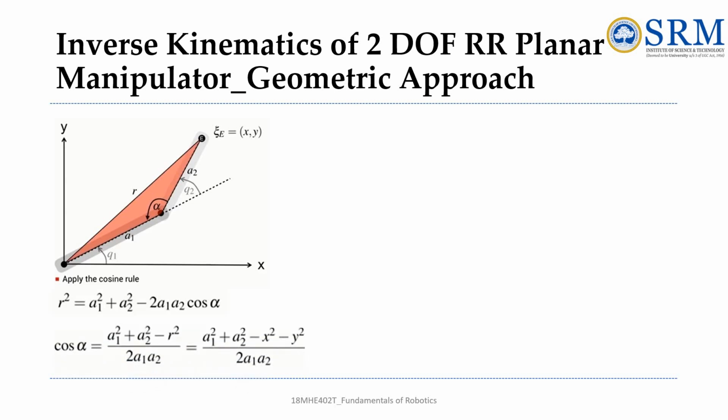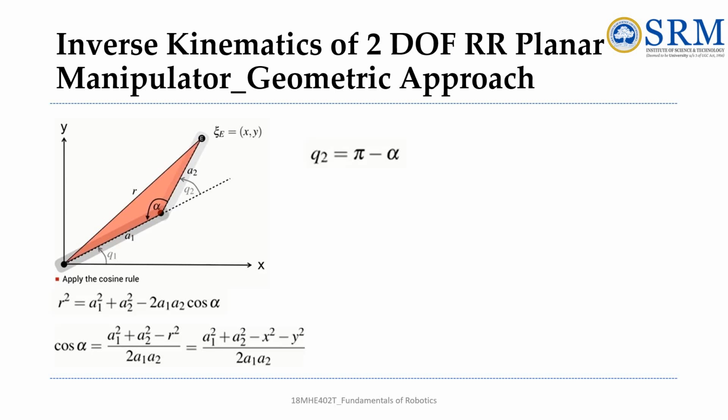So cos alpha is a1 square plus a2 square minus r square, by 2a1a2. Replacing r square with x square plus y square, we get a1 square plus a2 square minus x square minus y square, by 2a1a2. We know q2 is 180 minus alpha, that is pi minus alpha.